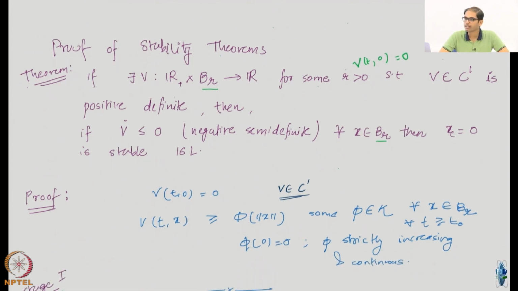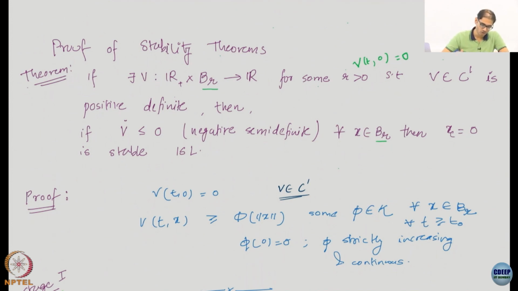Otherwise, you can pick up any good text in nonlinear control and find this proof. I prove only two results, a stability result and an asymptotic stability result. Everything else is assignment. They are very simple, because once you have done these, going a little bit beyond is pretty easy. I can promise you that.